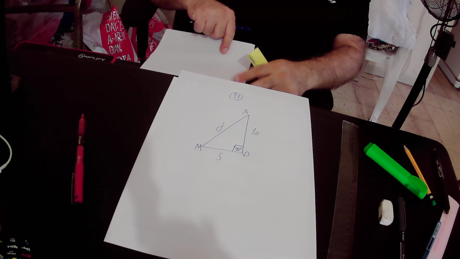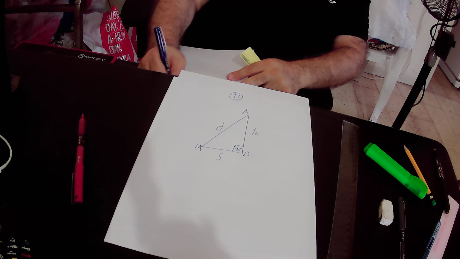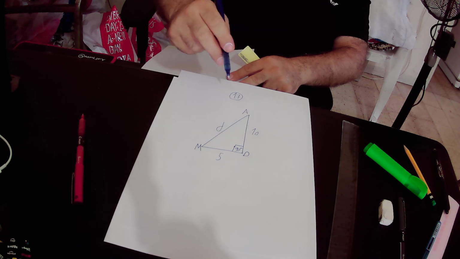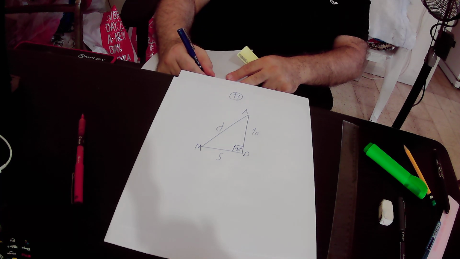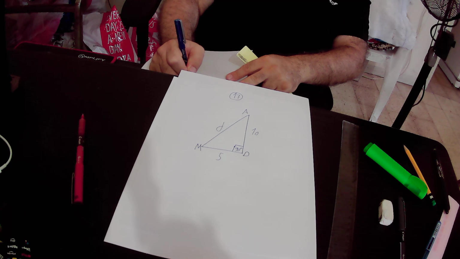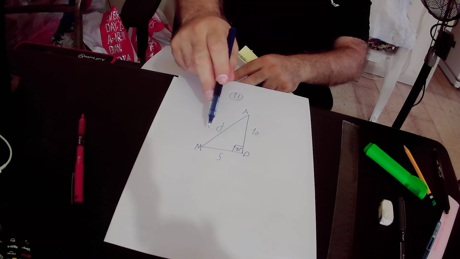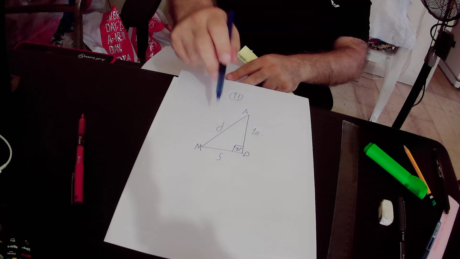So in this right triangle ADM, the square of the hypotenuse is AM squared. This will be our third equation. AM squared equals to the sum of the squares of the perpendiculars, equals to AD squared plus MD squared.